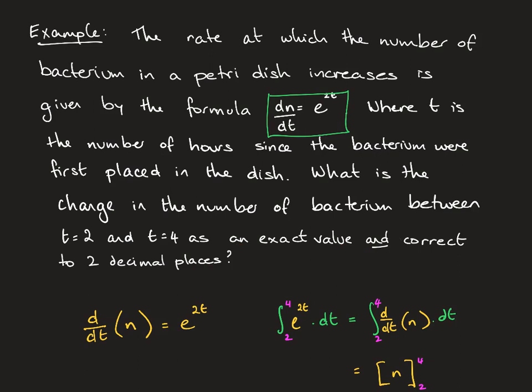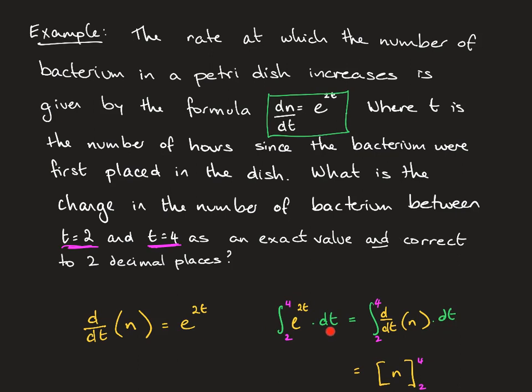So what we're going to do is use this relationship: if we find the derivative of n with respect to t, we get e to the 2t, because it says up here our derivative is e to the 2t. So I'm going to integrate both sides, and we're going to go for our terminals from t equals 2 to t equals 4.